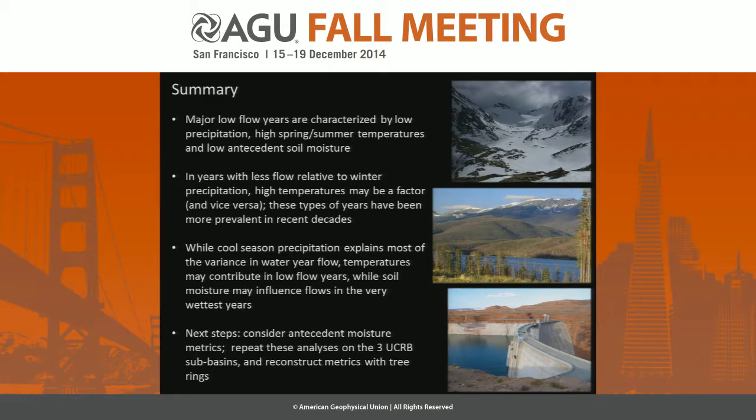And then what we're going to try to do is reconstruct these metrics using tree rings to see if there are different combinations of soil moisture, temperature, and cool season precipitation that contribute to different droughts over the past 400 or 500 years. And then the last part of the project has to do with looking at those different flavors of drought and contributions in the paleo record, and then looking in the models and the projections to see if we can find analogs in the future.